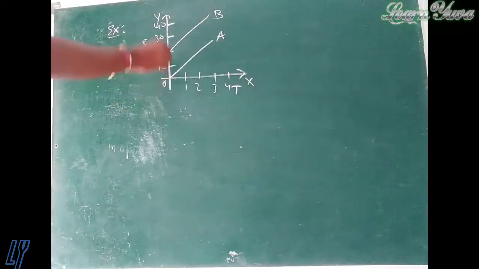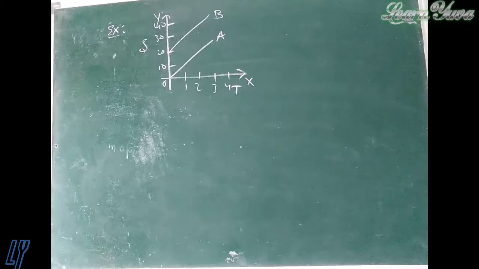Here A and B are traveling with the displacement-time graph. So A and B are traveling with the same velocity.